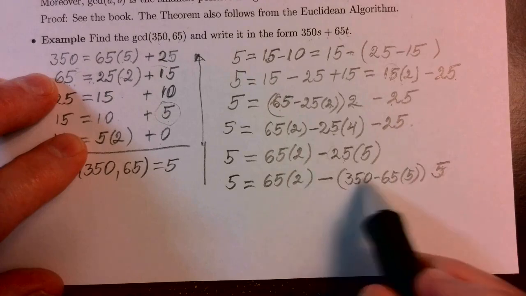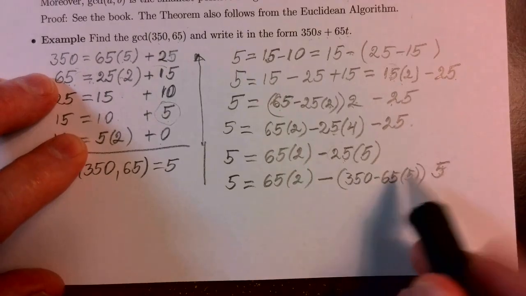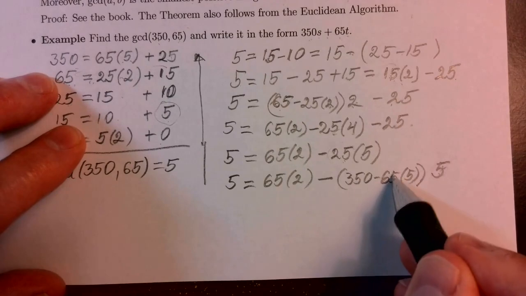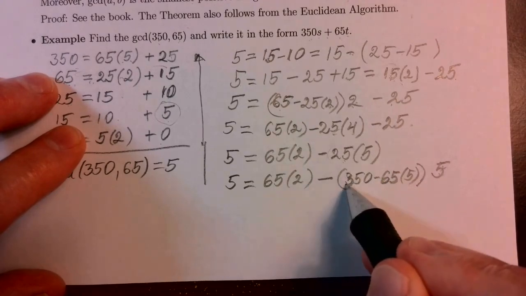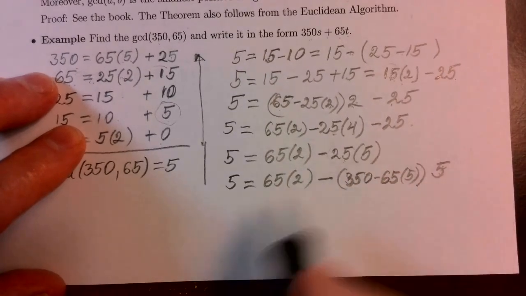And then distributive law applies here, but again, keep 65 and 350 as factors.